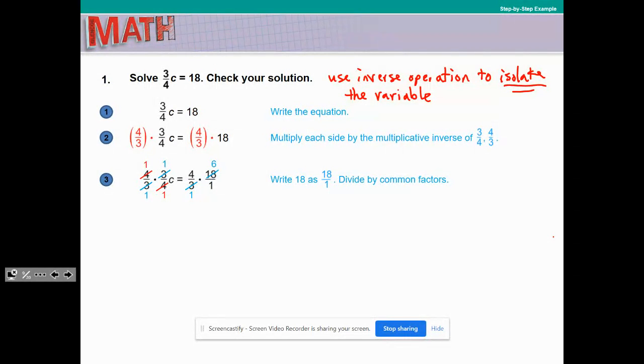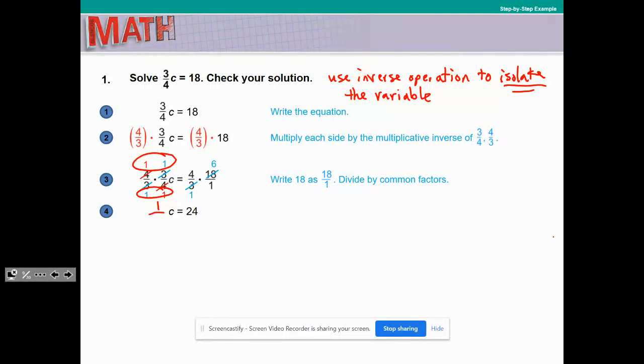So it would kind of be like this. 1 over 1 times 1 over 1 C equals 4 over 1 times 6 over 1. All right, so it just simplified everything down, everything that's left over. It's kind of hard to see sometimes, but let's see what we get when we simplify that. The 1 times 1 gets us 1.